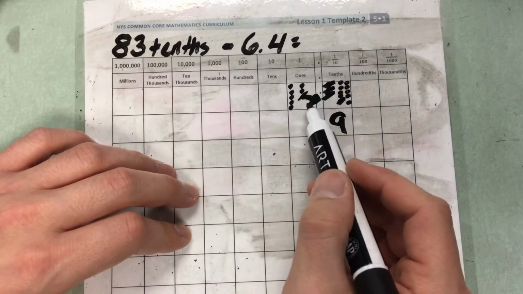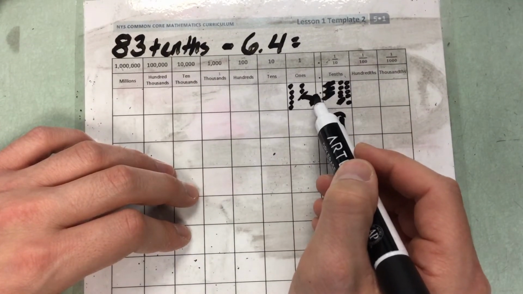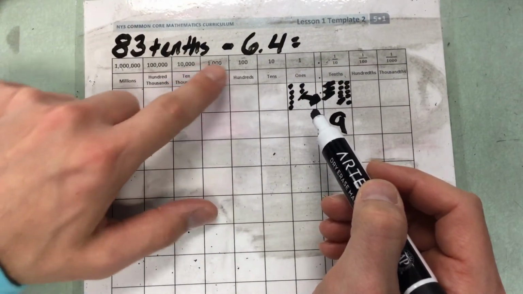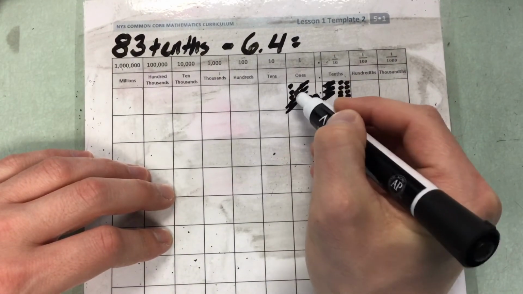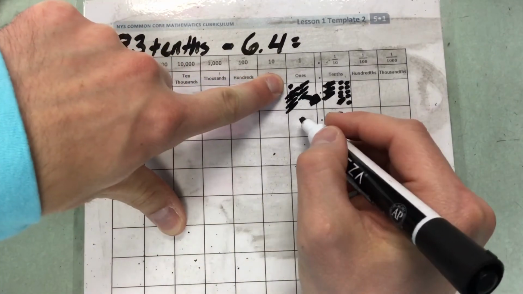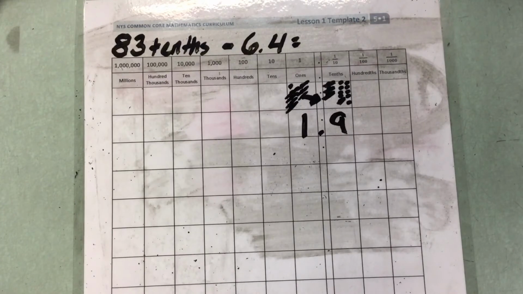Now for our ones column, we've already taken away and unbundled this 1, so it's gone. So now I have just 7 ones remaining. So I'm going to take away 6 of them, which leaves me with just 1 one. So my answer becomes 1 and 9 tenths.